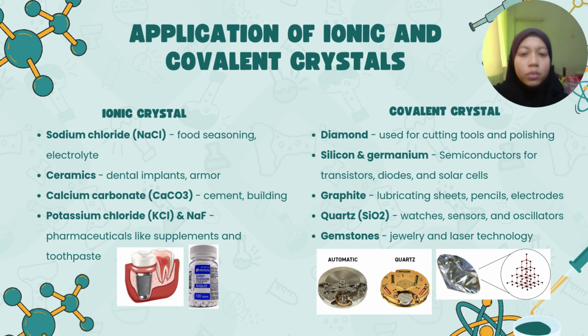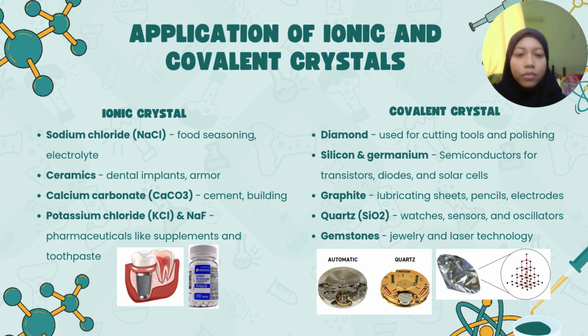Next, we have silicon and germanium that are used in semiconductors for transistors, diodes, and solar cells, because they have a controlled electrical conductivity, which makes them ideal for use in semiconductors.